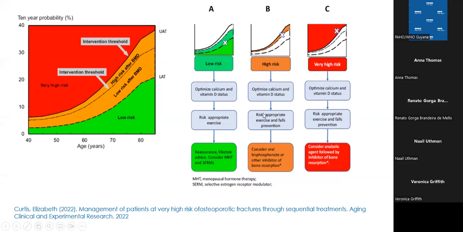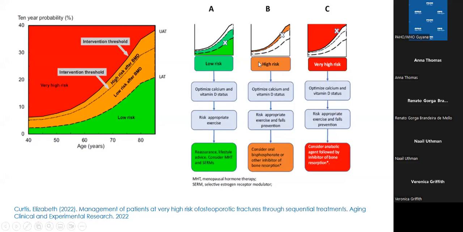This patient should be advised to exercise and to adopt falls prevention strategies.